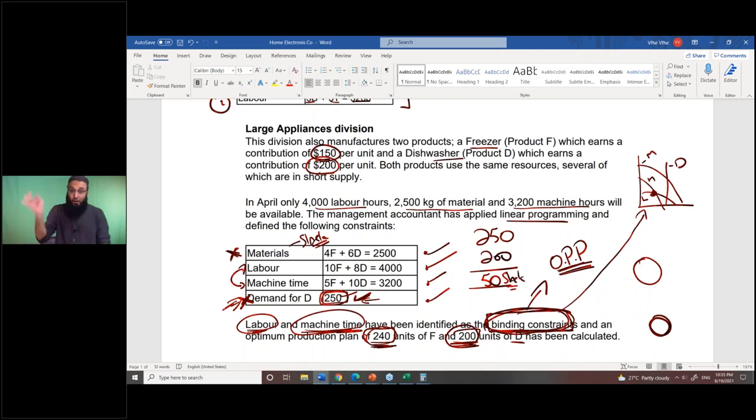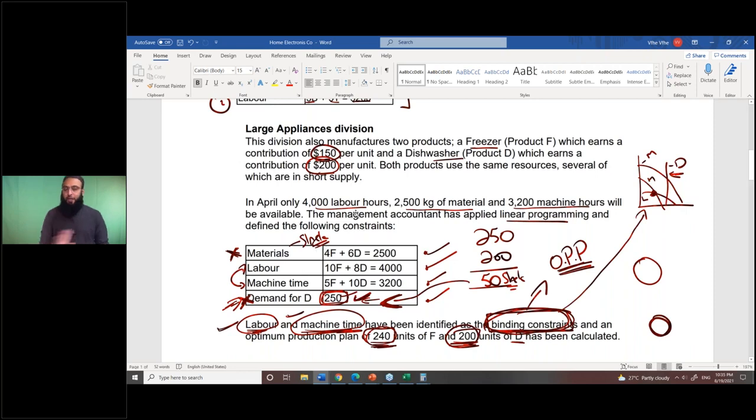And I did explain to you earlier, because the optimum answer is not at the line of D, there will be slack. Underutilization means that you could have made 250, but you made 200 because of the binding constraint of labor and machine. You don't have more machine and labor available. So yes, there is a slack of 50 units.